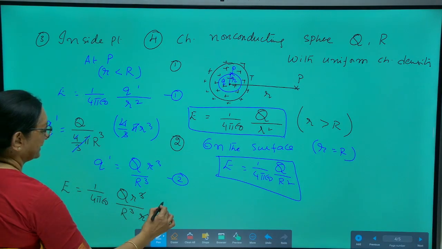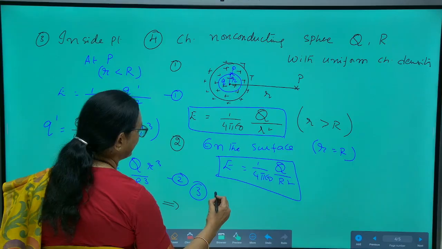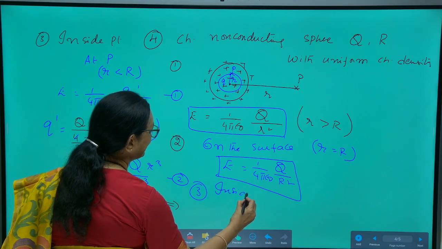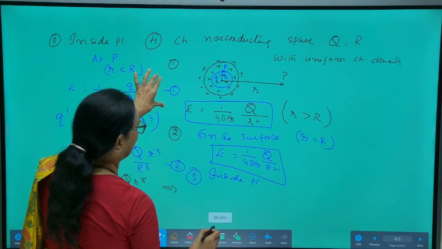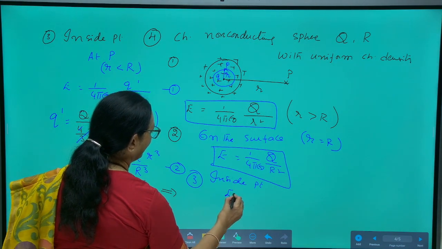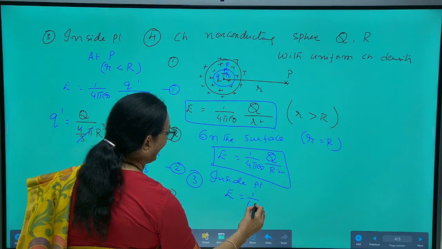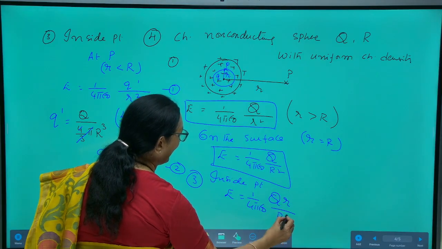So this implies at any inside point, electric field intensity E is equal to 1 by 4 pi epsilon naught Q into r by R cube.